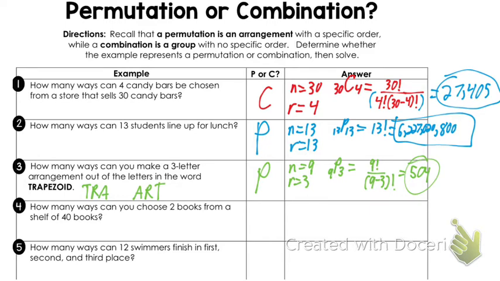Good way to think about it is if you flip them around, will it change anything? All right, who has an answer they want to throw out there? Okay, Brady? I would agree with you. I think it is a combination, okay? The order will not matter for this. We are choosing them. Choose is often a keyword for us.